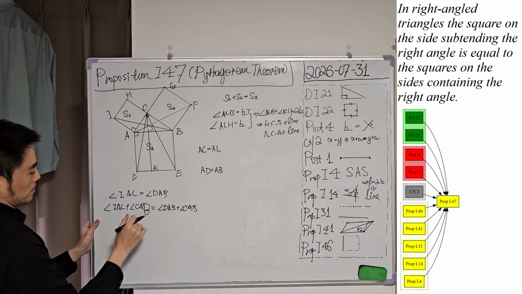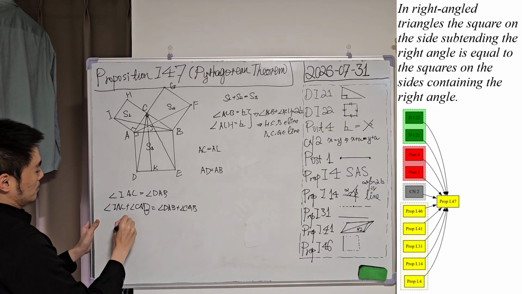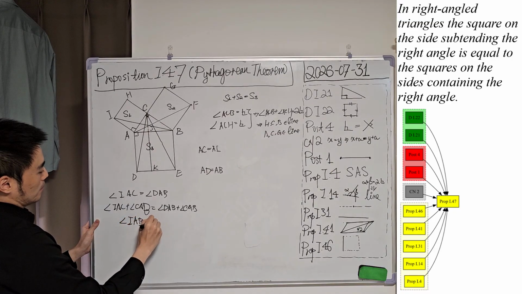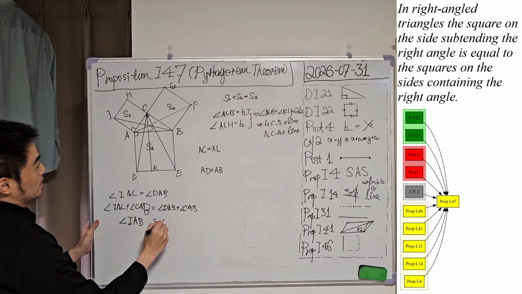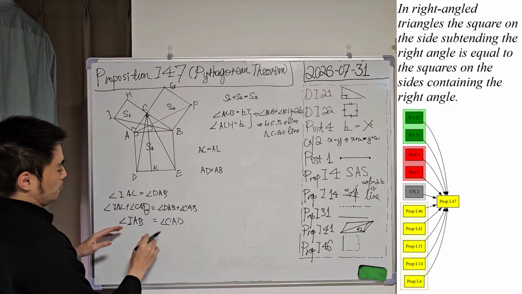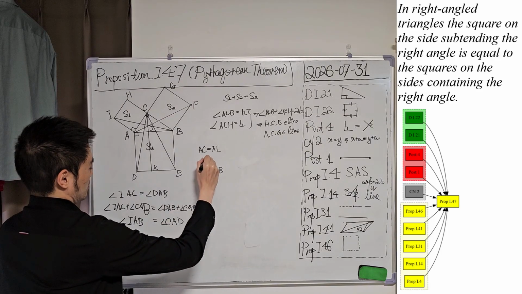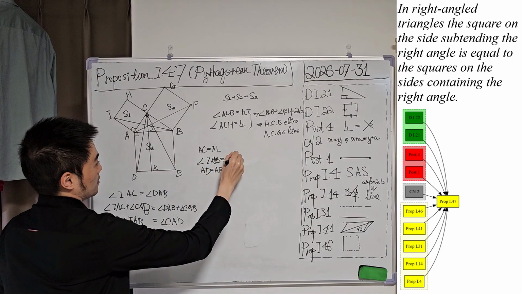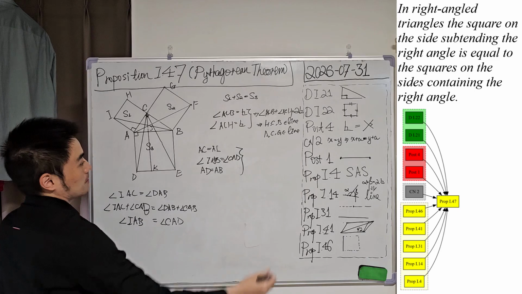The left side is angle IAB, and the right side is angle CAD, correct?